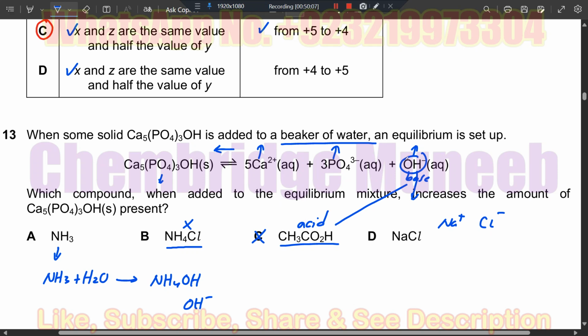Now if hydroxide ions are there in the mixture, then according to this equation the amount of hydroxide will be higher, which means according to Le Chatelier's principle it should move to the left side to decrease its amount. So when it moves to the left side, there will be an increased amount of this compound. So the only option is A, by adding ammonia.